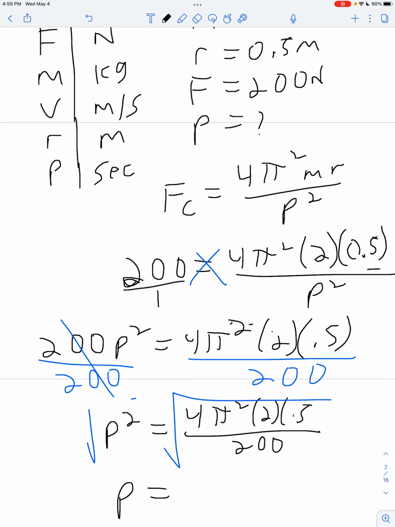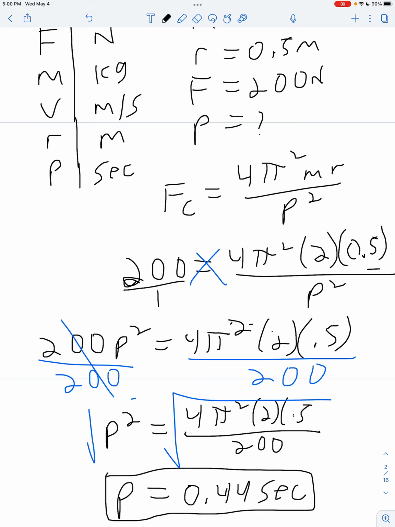So I'm going to do p equals the square root of 4 times pi squared times 2 times 0.5 divided by 200, and I get a period of 0.44 seconds. So it takes almost half a second to go around the circle once.